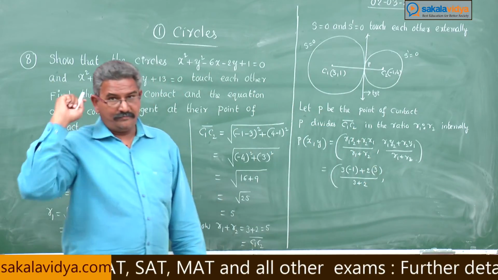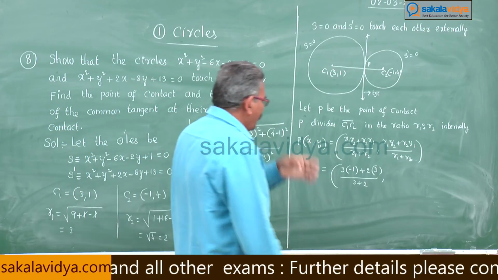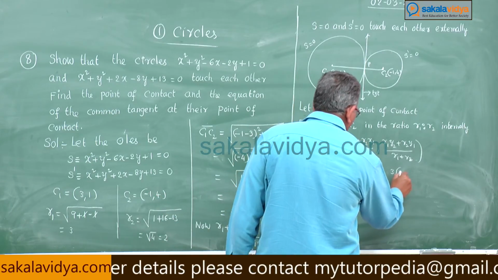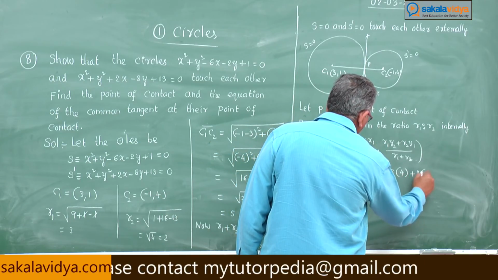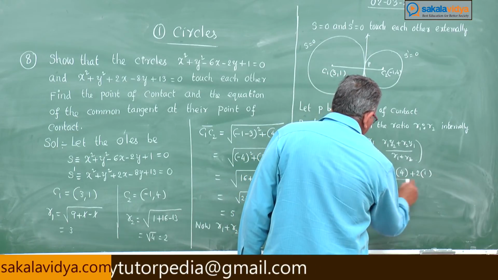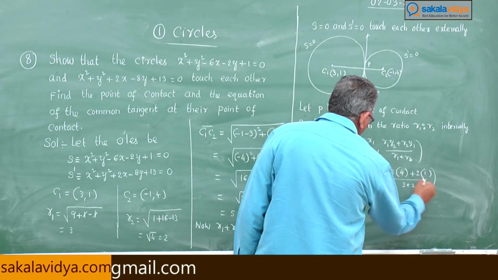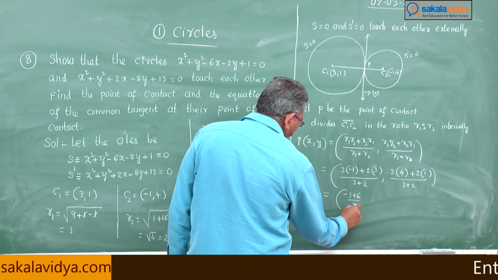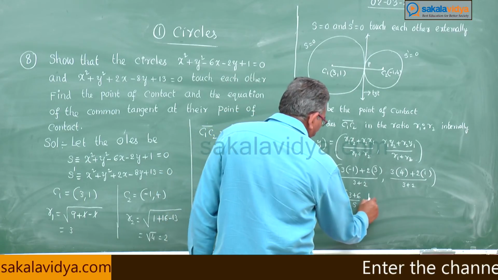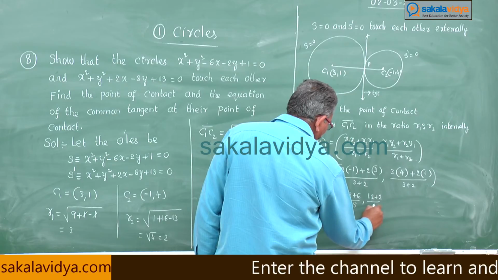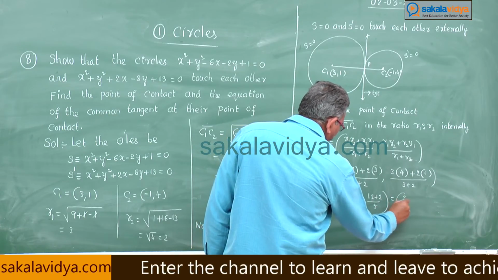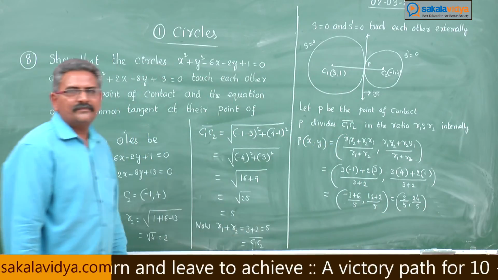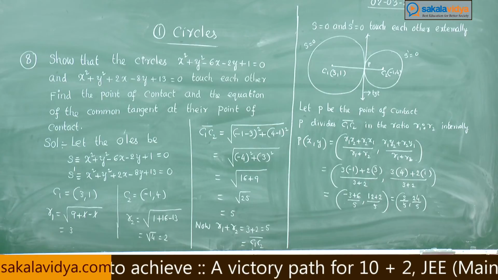Understood. Now, R1 is 3, whereas y2 is 4, plus 2 into y1 which is 1, by 3 plus 2. So, this equals minus 3 plus 6 by 5, and 12 plus 2 by 5. This is (3/5, 14/5)... this is the point of contact. I hope you have understood this problem.